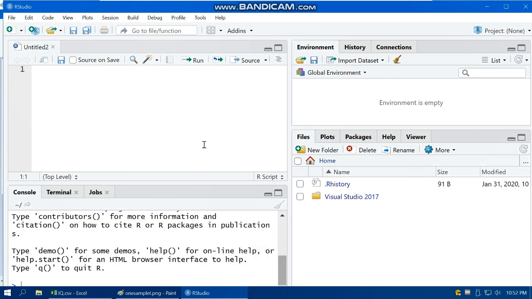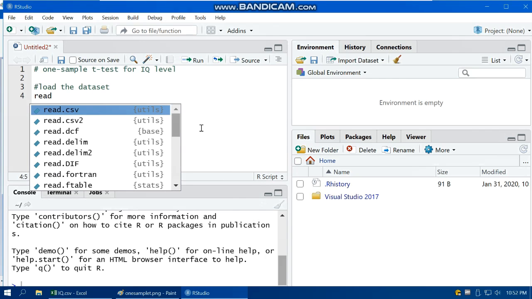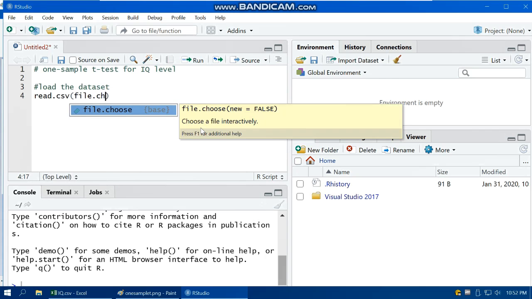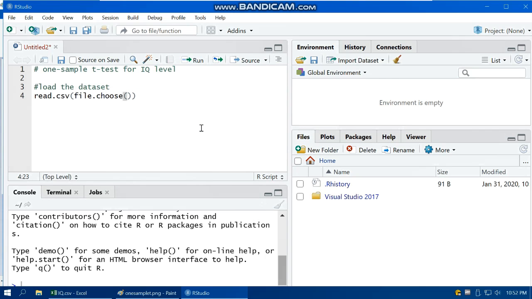So in the RStudio environment, first of all, I make a comment that shows the purpose of this study: one sample t-test for IQ level. Okay. And the first step is to load the data set, for which we use read.csv, and first of all we use file.choose to allow the user to select the file, and then we have to set header to TRUE.